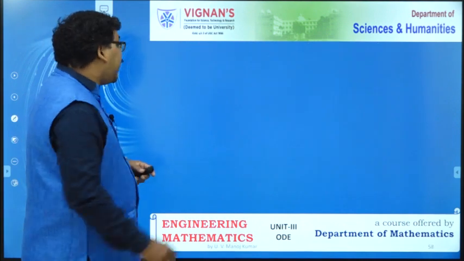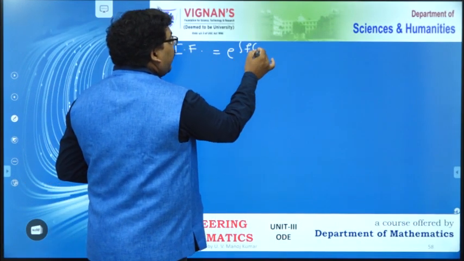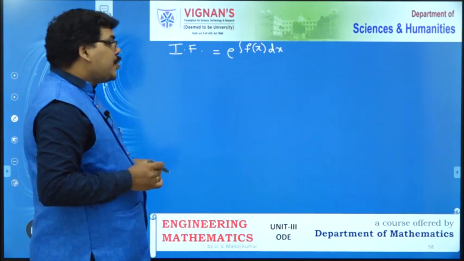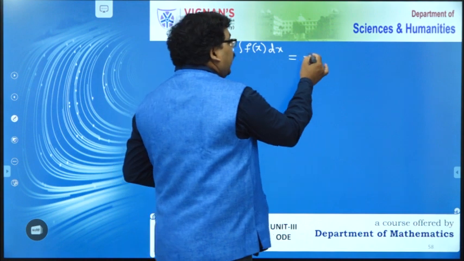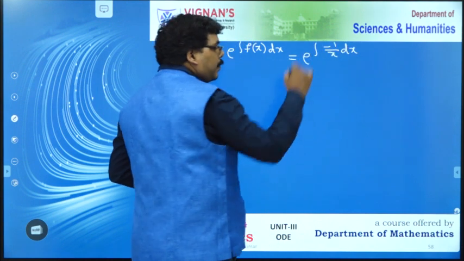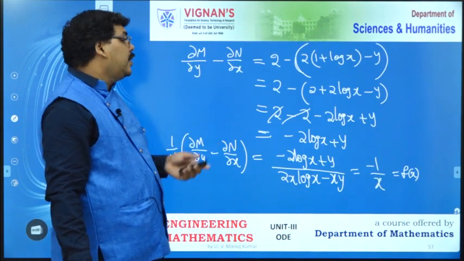Then the integrating factor is e power integral minus 1 by x dx. Am I right? Yes, f of x is minus 1 by x.